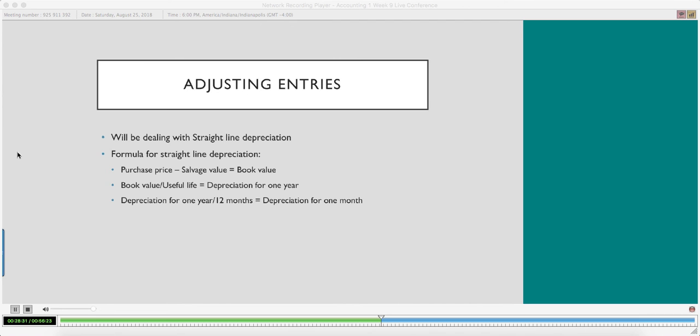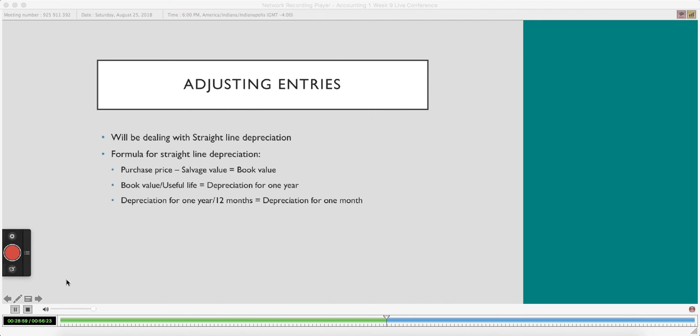And then for your comprehensive problems, you have to provide monthly depreciation amounts. On your after conference assignment, you have to provide me monthly depreciation amounts. So I'm making sure you guys have the hang of depreciation before we get to May's comprehensive.